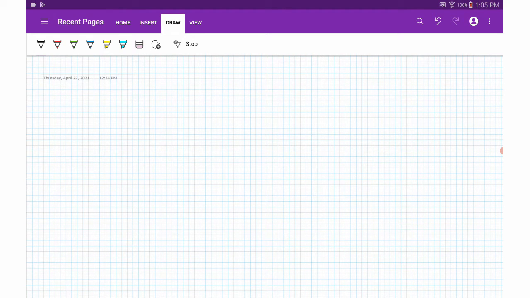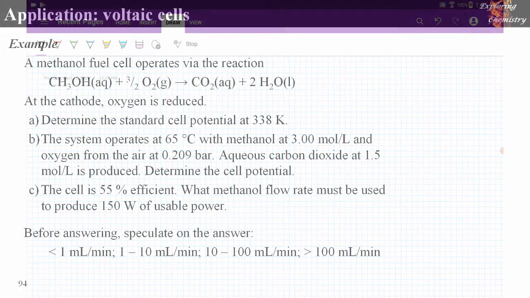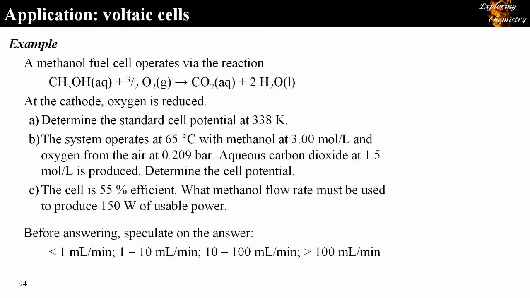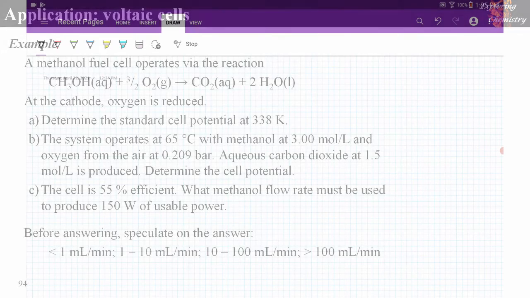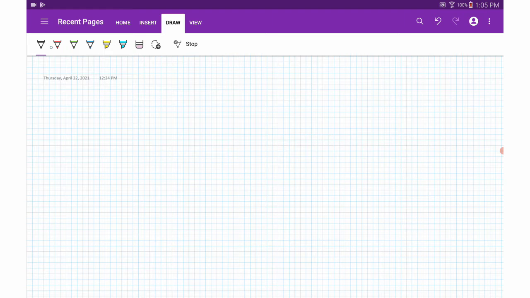So, to display the first question, and now to solve it, we're going to go through the entire question, by the way.